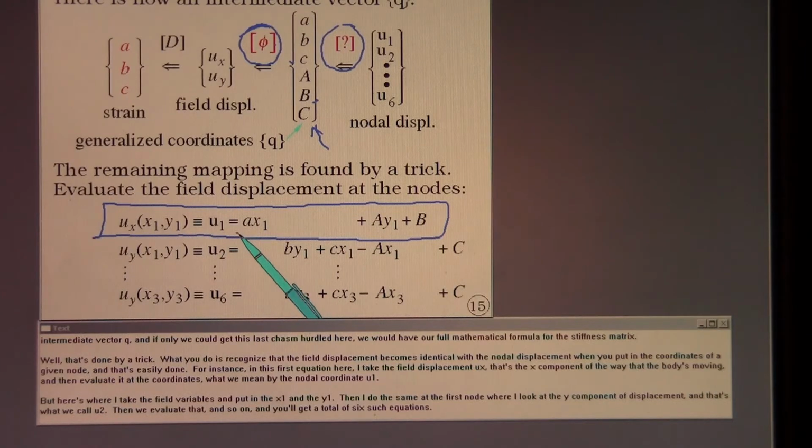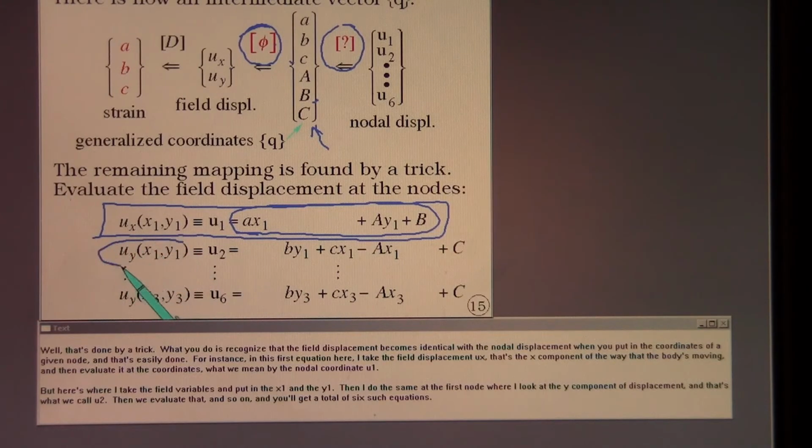Here's where I take the field variables and put in the x1 and the y1. Then I do the same at the first node where I look at the y component of displacement, and that's what we call u2. And we evaluate that, and so on. And you'll get a total of 6 such equations.